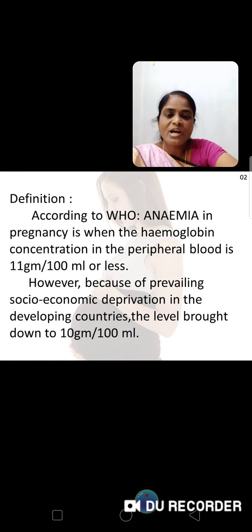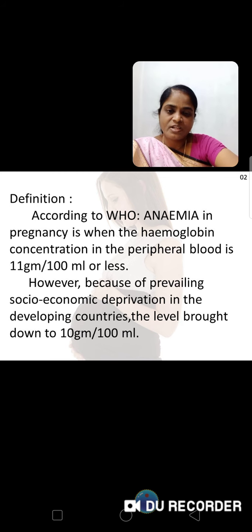But because of socio-economic deprivations in developing countries, we consider 10 grams per 100 ml, and less than 10 grams per 100 ml of hemoglobin concentration is considered anemia in pregnancy. Clear?